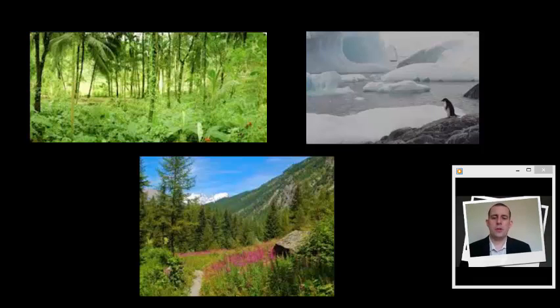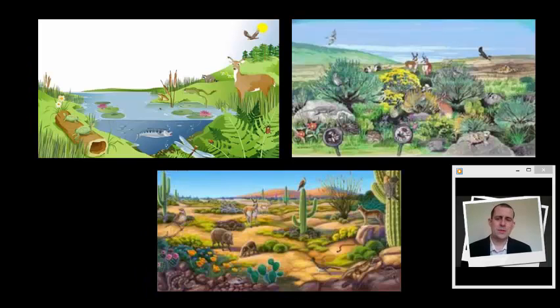Then we've got this term of ecosystem. So what's an ecosystem? Well, an ecosystem is kind of like a habitat, but it doesn't just include the place where they live, but all the organisms that are in it, how they interact, and all the different factors that influence them.